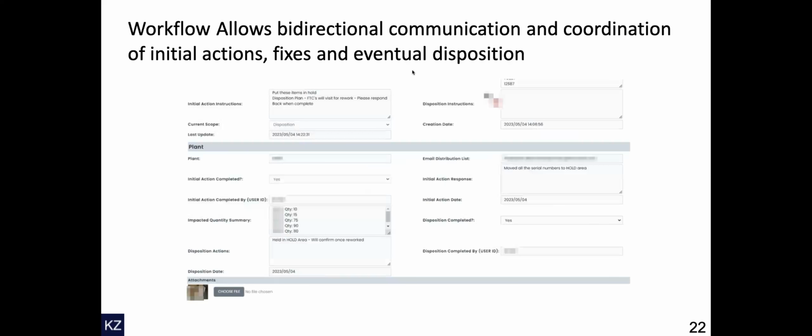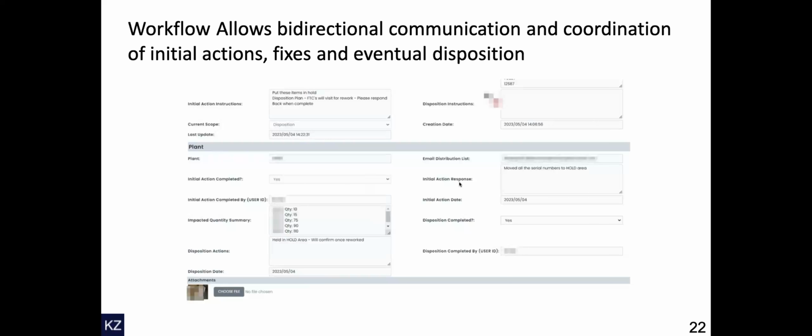And the workflow uses this screen. Each of the locations and the quality management use this workflow page to communicate and share information, pictures, and all of the actions that are happening at the location, and keep track of it.